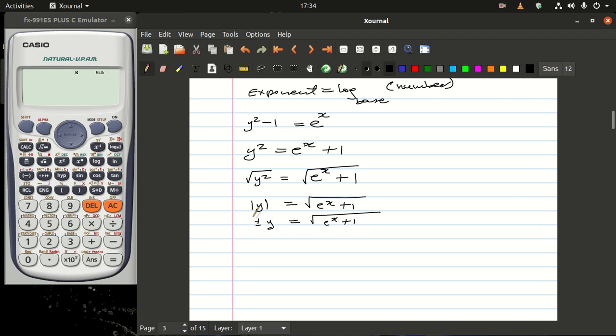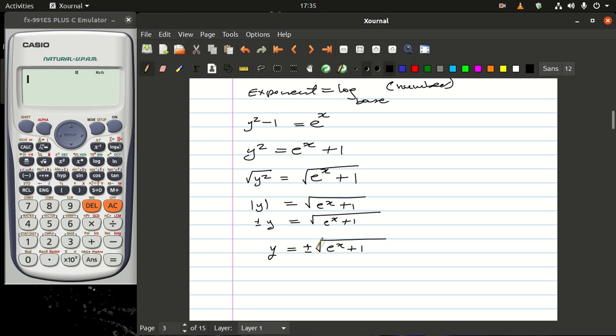Now, this plus or minus y, I can always just move it to that side or divide by whatever that constant is, and now I'm left with y as it is. So I will have a plus or minus that side, which is the square root of e to the power x plus 1. Now, yes, I understand that this is not a function, because whenever I'm plugging a value x here, I always get two outputs.